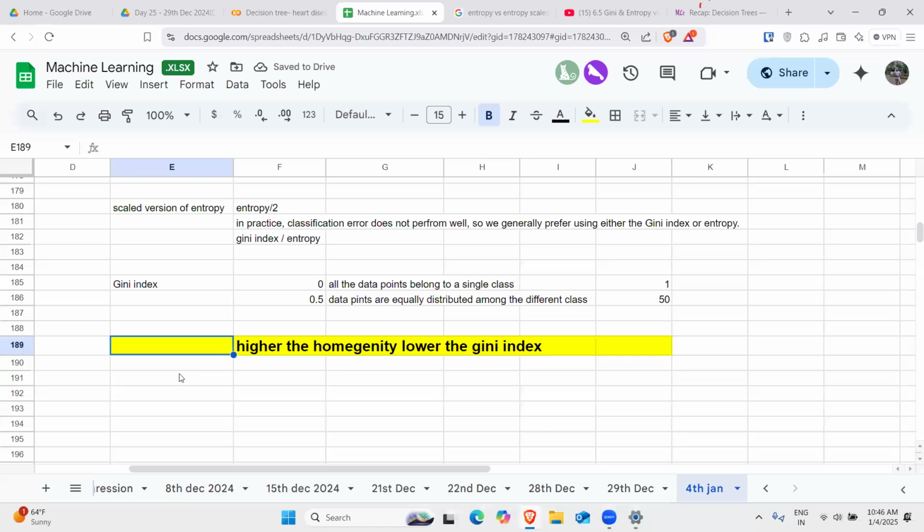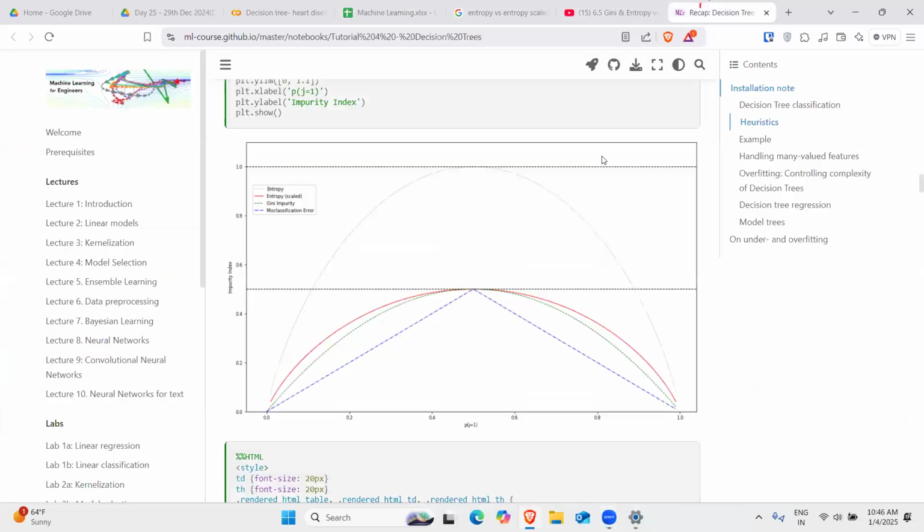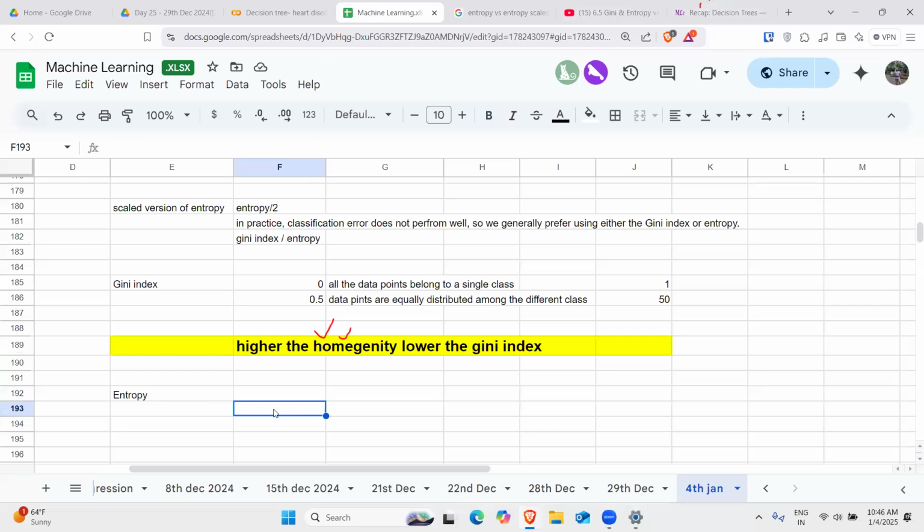Now entropy. What is entropy? It quantifies the degree of disorder in the given data set. Its value varies from 0 to 1. Entropy scaled and Gini index are similar numerically. If a dataset is completely homogeneous, then the entropy of the dataset will be 0 and there is no disorder in the data.